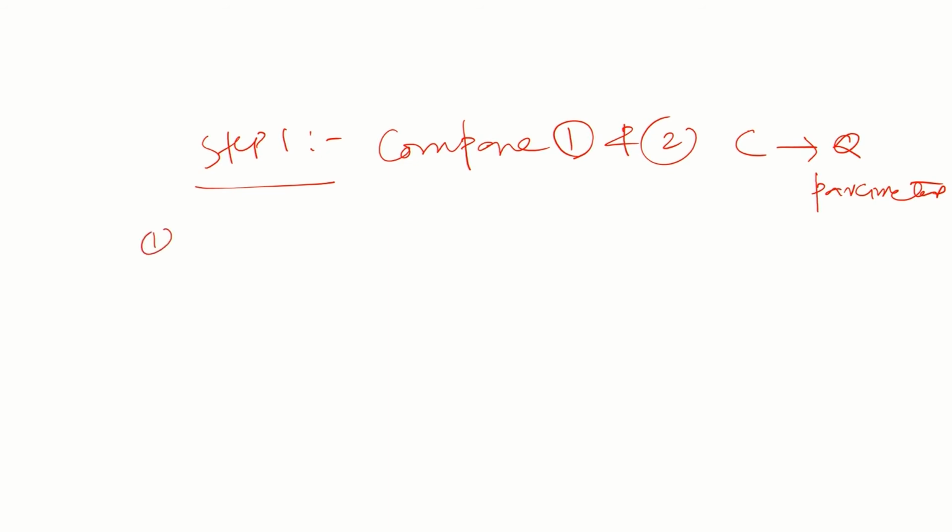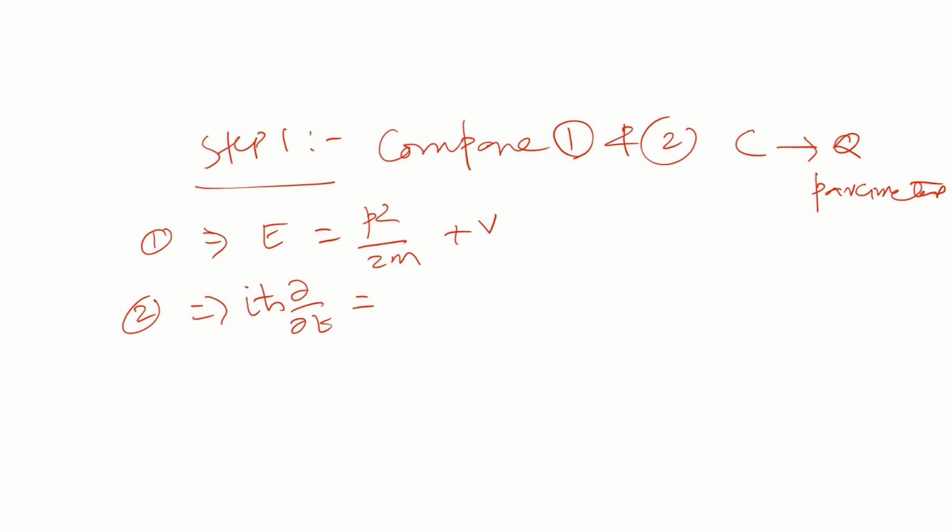Equation 1 implies E = p²/2m + V. Equation 2 implies iħ ∂/∂t = -ħ²/2m ∇² + V. So compare.